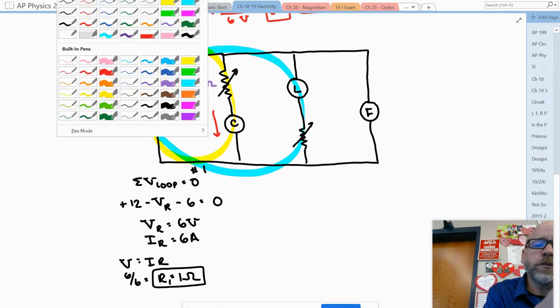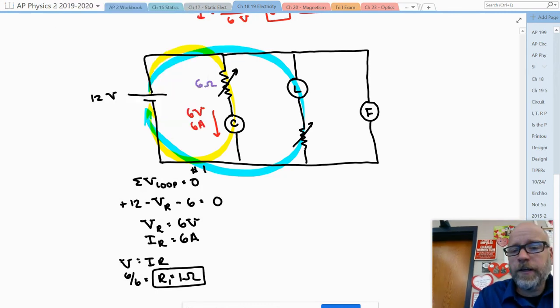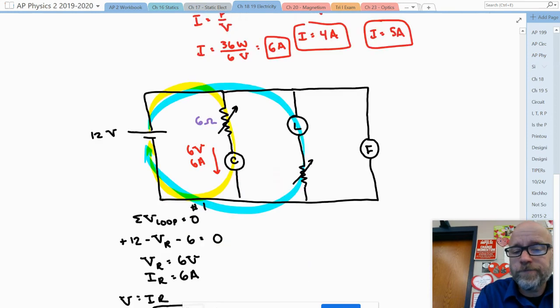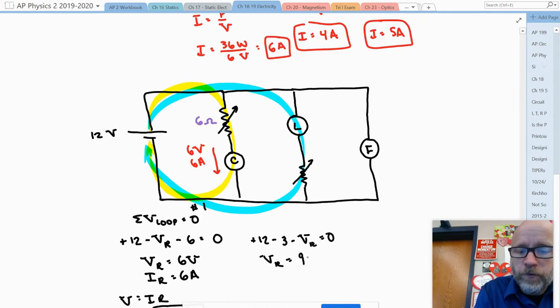When I look at loop number 2, since that light is going to have a voltage drop of 3 volts across it, I could use my loop rule the way I wrote it out, or I could just think about it. I'm going to have plus 12 minus 3 minus the voltage drop across the resistor, so it's obviously going to be 9 volts.